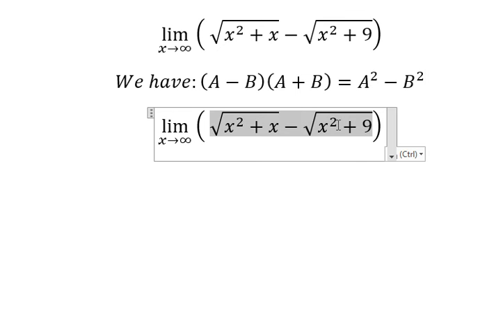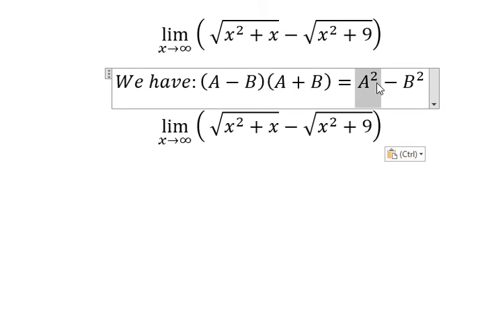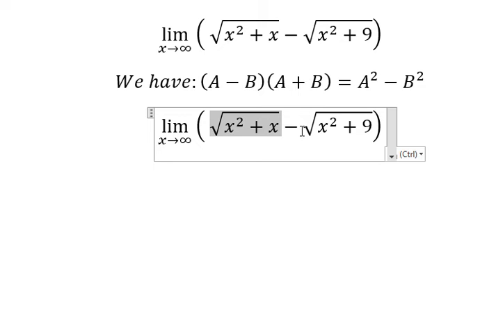So this one, we need to multiply by A plus B on numerator and denominator because I want to create A square and B square to cancel the square root.